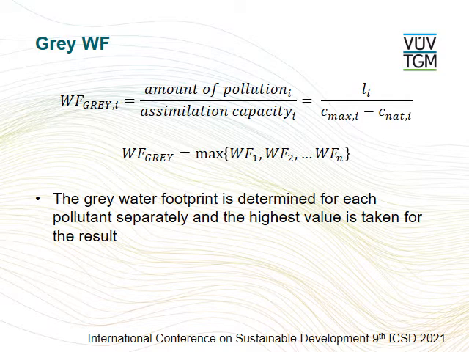Now we are going to the sustainability assessment of greywater footprint. You can see the calculation of greywater footprint, and you can see that the greywater footprint is calculated as the amount of pollution for pollutant i divided by the assimilation capacity of pollutant i, which is defined as the maximal concentration of pollutant i in the receiving body minus the natural background of pollutant i in the receiving body.